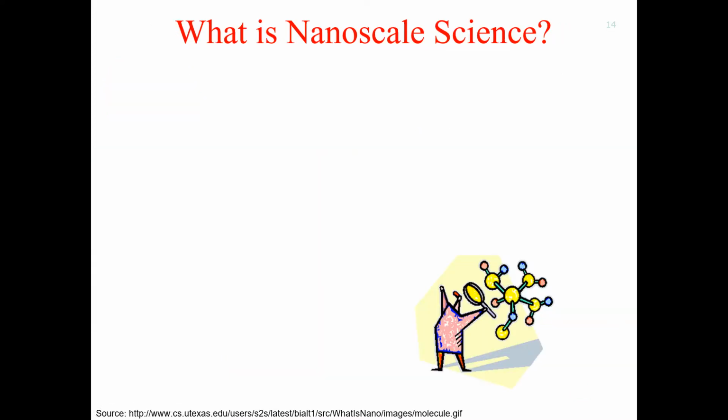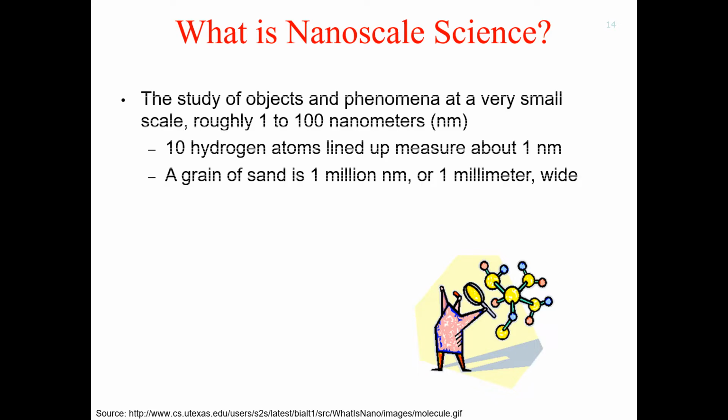At first, we have to answer the question: what is nanoscale science? For that, we will have a formal definition, just like we have definitions for the other sciences. Nanoscale science is the study of objects and phenomena at a very small scale.